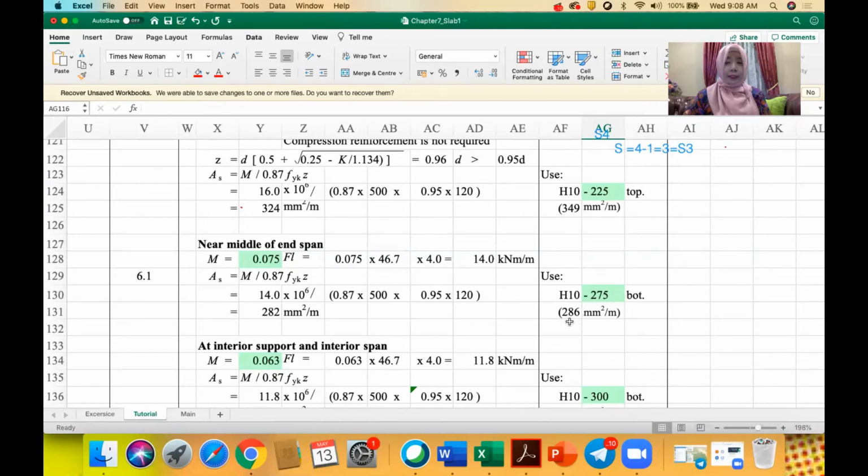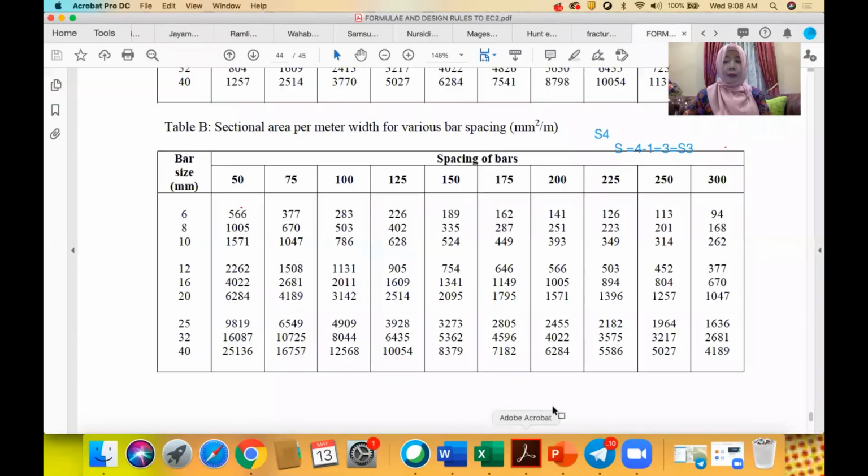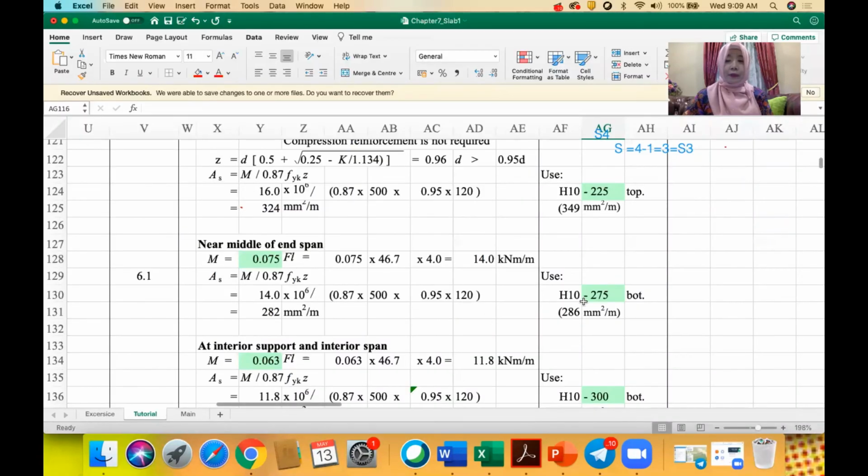It is slightly greater from the table here, 314, so 250. We don't have 275 here. You can change to 250.